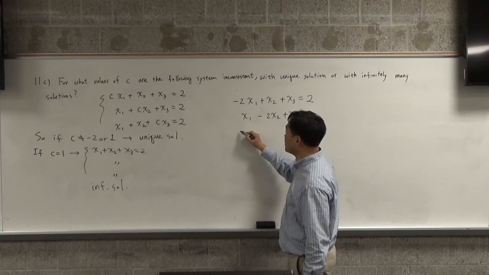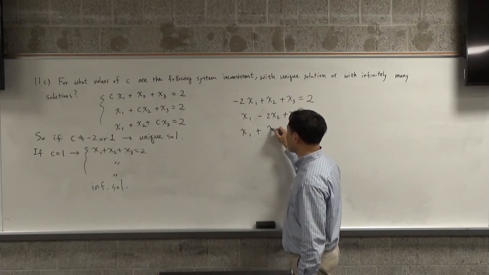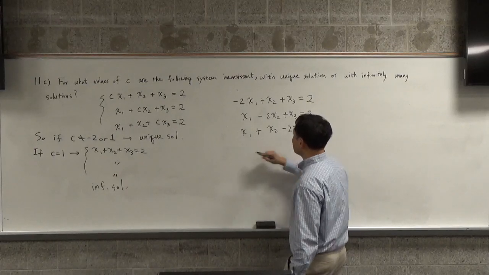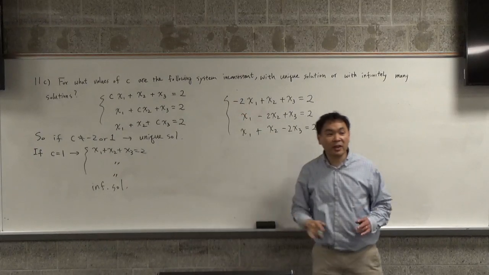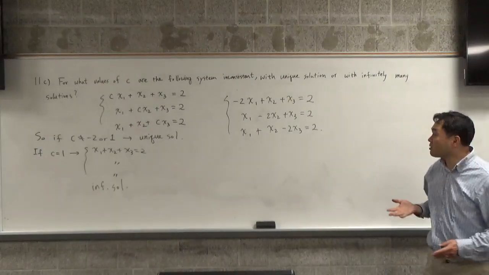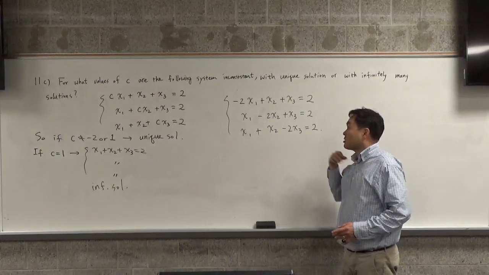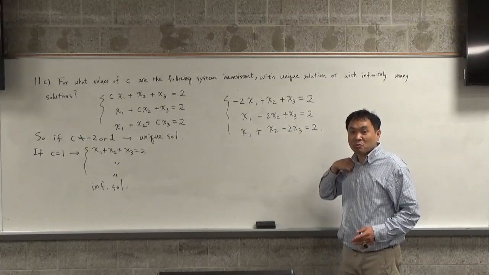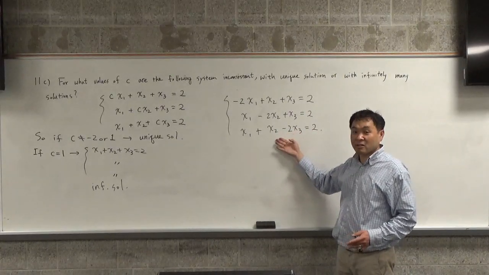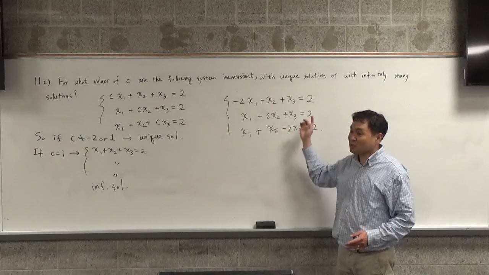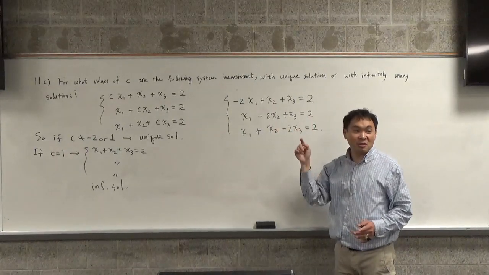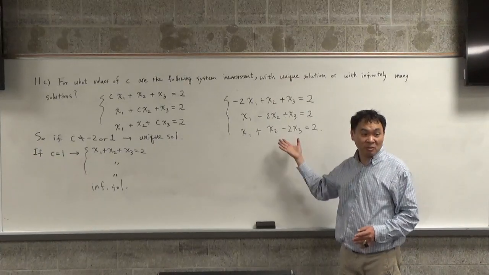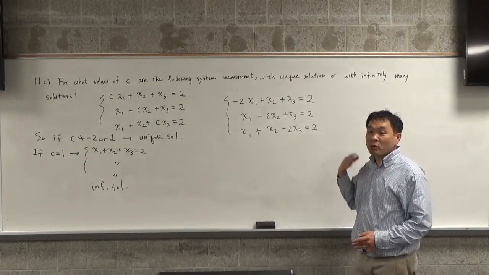And then x1 plus x2 minus 2 x3 equals 2. All right. So for this case, the way you can figure out whether this one has inconsistencies or infinitely many solutions would be, again, just do the RREF on this one, which these are numbers, so if you have a calculator, you can easily plug in the numbers and do RREF and you can figure it out, right? So that will be one way to do it.